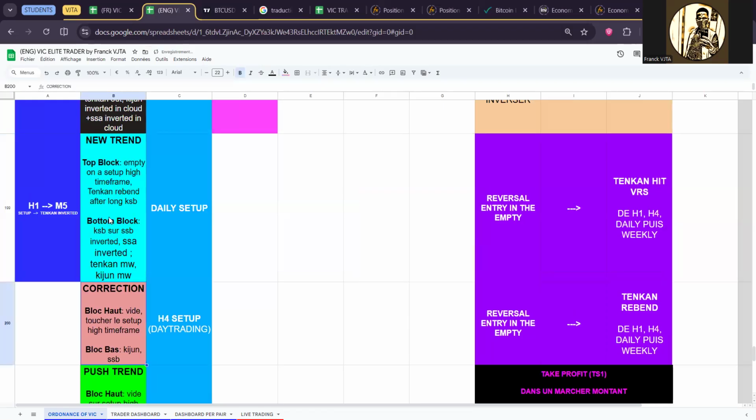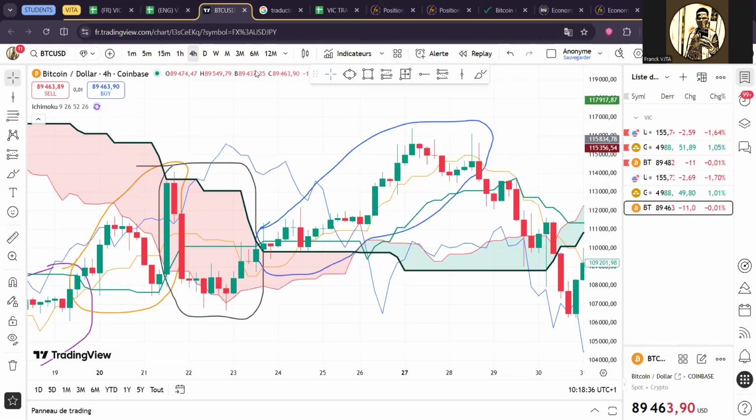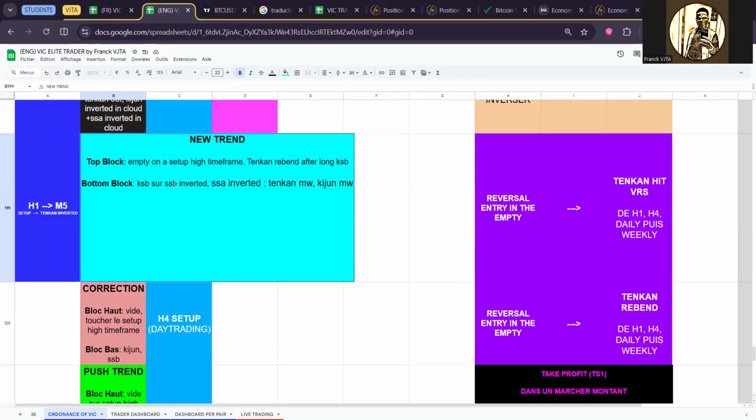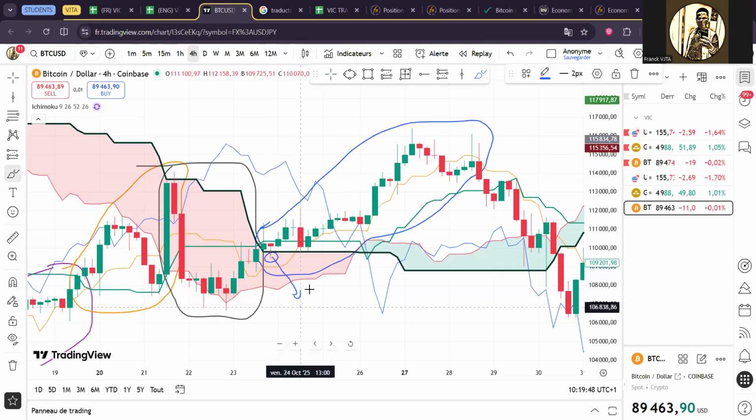Okay, for the new trend, the bottom point on this new trend, in this case, you have the SSB inverted. This one was the entry number one. That's the bottom.